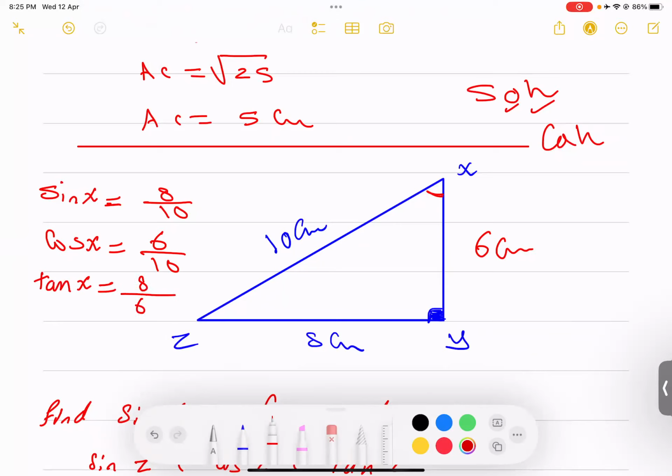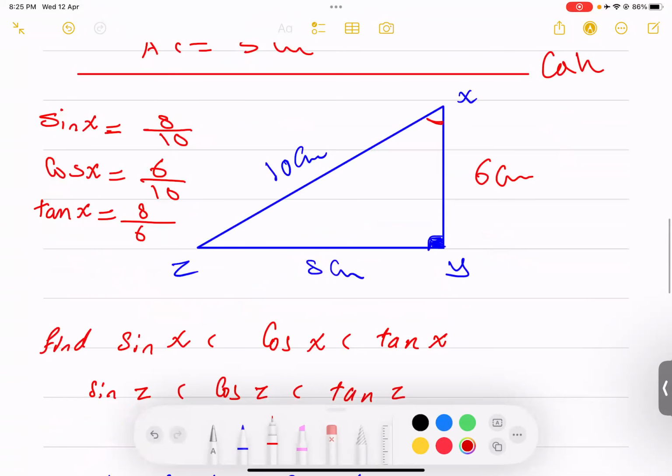Is that clear for you? Yeah, now it's clear. What if I want to get the same trigonometric functions, but for the second angle? I've been asked to get the sine of z, cosine of z, and tan of z. So let me try to do it. So we have sine of z, cosine of z, tan of z, right? So sine of z.